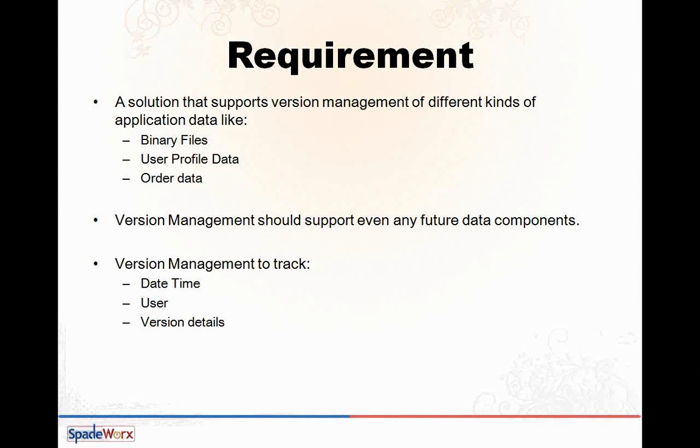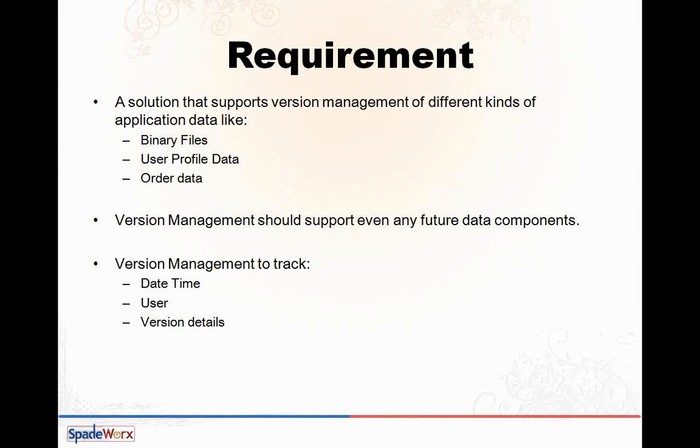That means the system should be designed and developed such that adding version control capability to any more objects in future should be very easy. It shouldn't be tedious, it shouldn't be time consuming. It should be quick and easy. And mostly the data, very briefly, about the versions that need to be saved is the date and time when the version was created, the user who created the version, and version details, in the sense some user comments and stuff.